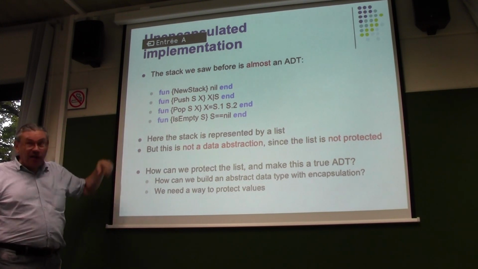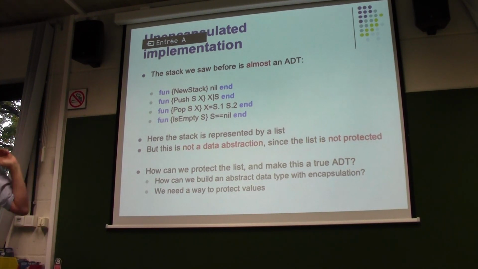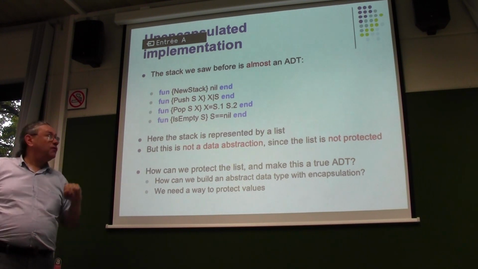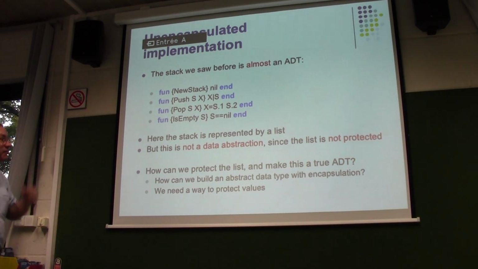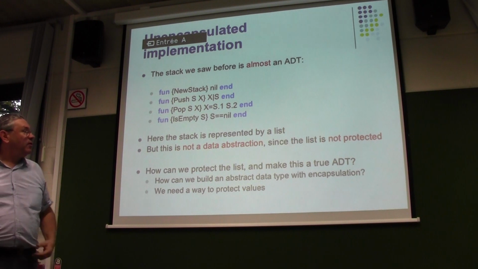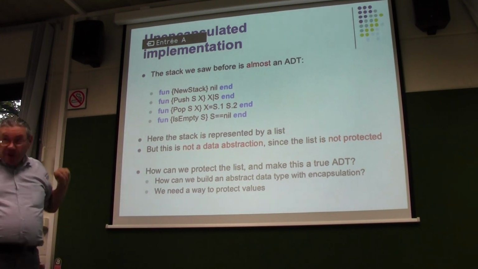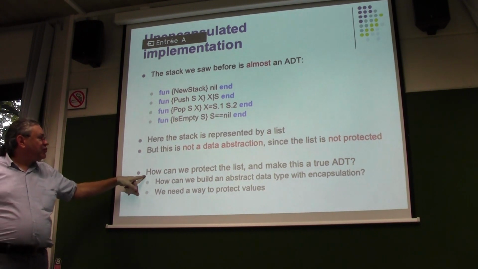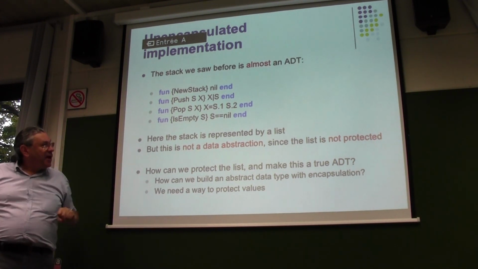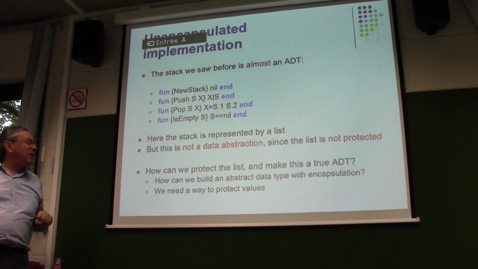And for big abstractions, let's say you have a 10,000 line piece of code which is an abstraction, that kind of cheating is very common. So the language has to make it impossible. Okay? So here, this is not protected. And the question is, how can we protect it and make it a true abstract data type?